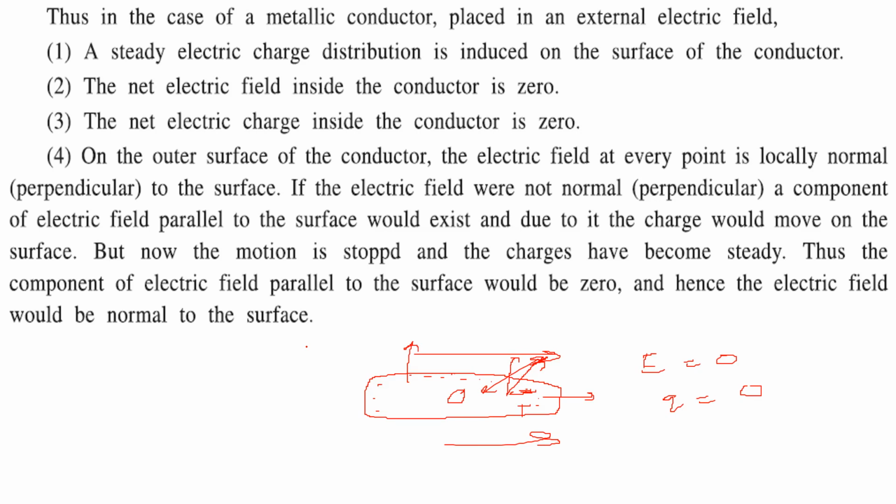Due to that component, the charge would move on the surface. But I am saying that the motion is stopped. The charges have become steady. So the component of electric field parallel to the surface would be 0. The electric field would be normal to the surface.